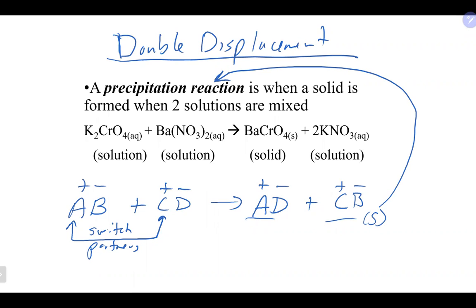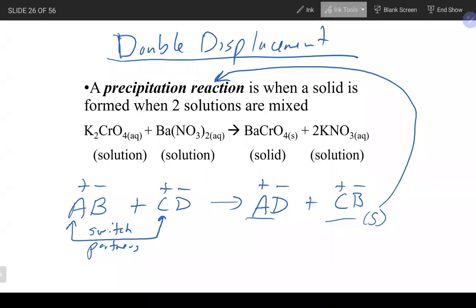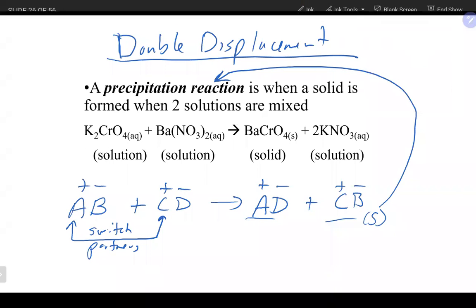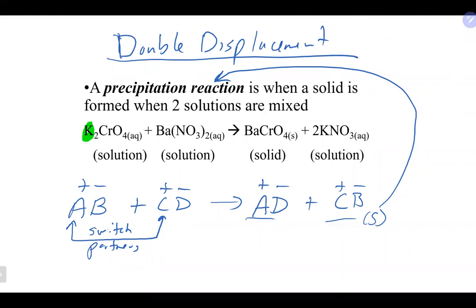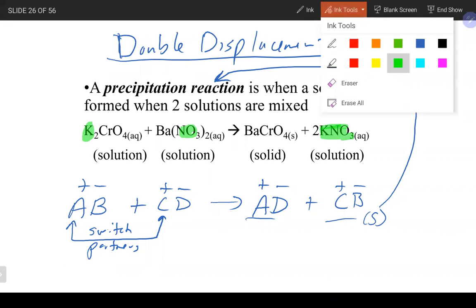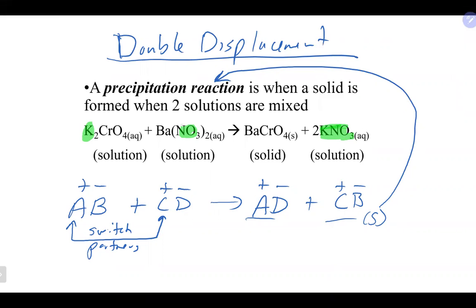And if we look at what is going on here, that is exactly what is going on. We have our potassium that ends up switching partners with the nitrate on this side. And we have our positive barium that ends up hooking up with the chromate on that side.